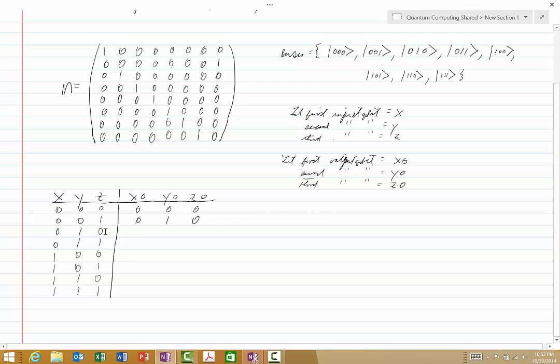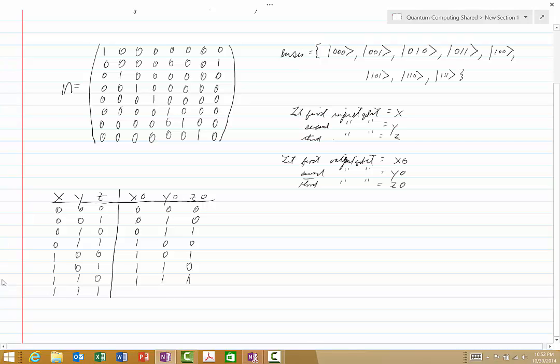And similarly, here for the third column, this is the image of 0, 1, 0, and this vector corresponds to 0, 1, 1. And so we just continue in this same fashion. We'll have 1, 0, 0, 1, 0, 1, 1, 1, 0, 1, 1, 1.